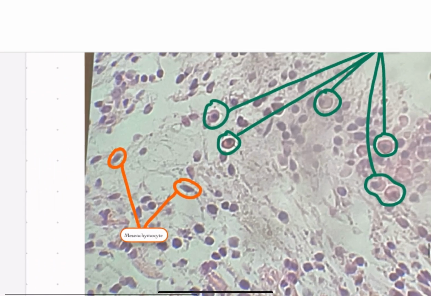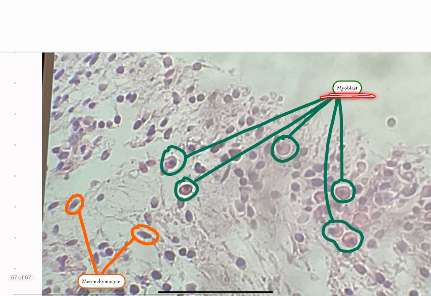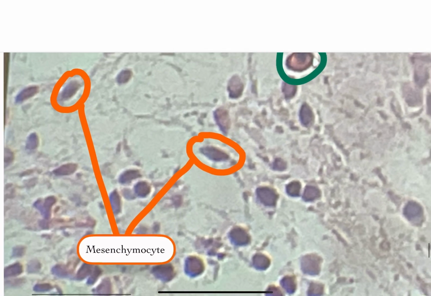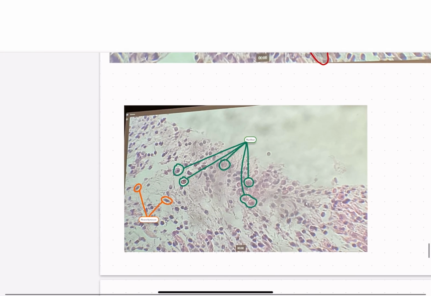Here we go. So here, like I said, the myoblast, which has a nucleus and then a surrounding cytoplasm, while the mesenchymocyte kind of looks like fibroblasts. So they appear like this, like an entire nucleus, in this case without the visible nucleolus in the center. This entire thing is the nucleus.